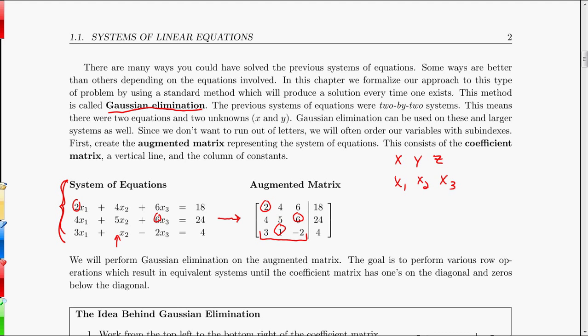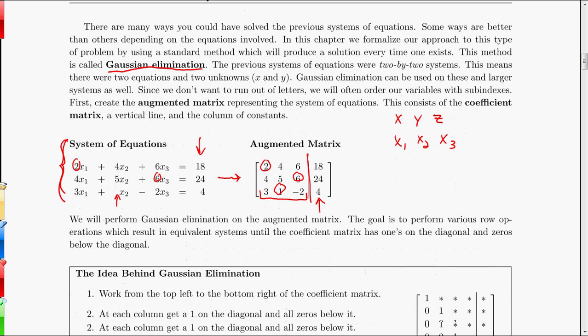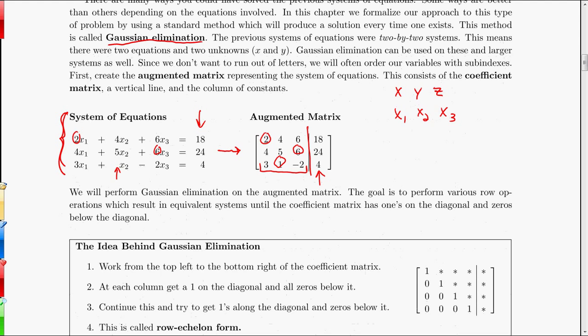Right? And then the right-hand side of my equations goes on the far right of this augmented matrix, and we put a line to delineate the two. There's the coefficients and then the right-hand side. And then we're going to solve this through a sequence of row operations. And specifically what this does is it allows us to work on this augmented matrix, and we don't have to keep writing and rewriting all those variables.